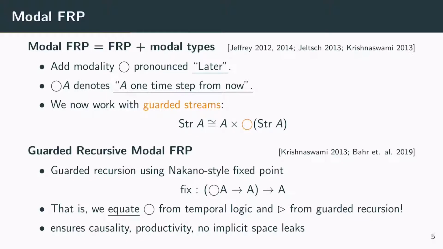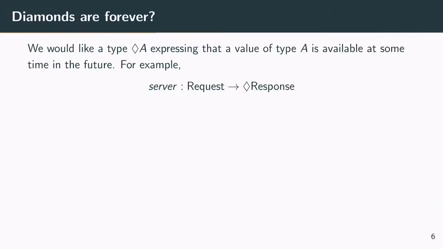Then the question becomes, how do we introduce inductive types to such a language? Right? So how can we express an inductive type like this diamond A that expresses the promise that we get a value of type A sometime in the future.